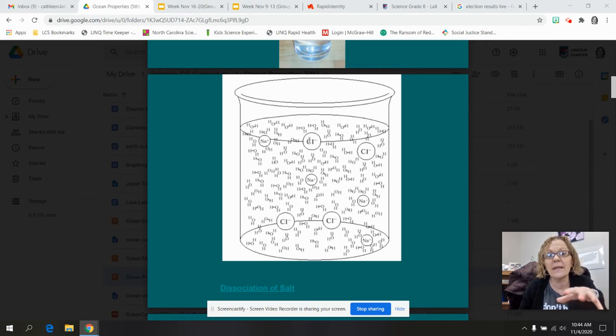It actually pulls apart the atoms of sodium chloride. The sodium carries a positive charge and the chloride carries a negative charge. So when the positive and negative ends of the water molecule attach to the opposite charges, it pulls it away from the other piece.